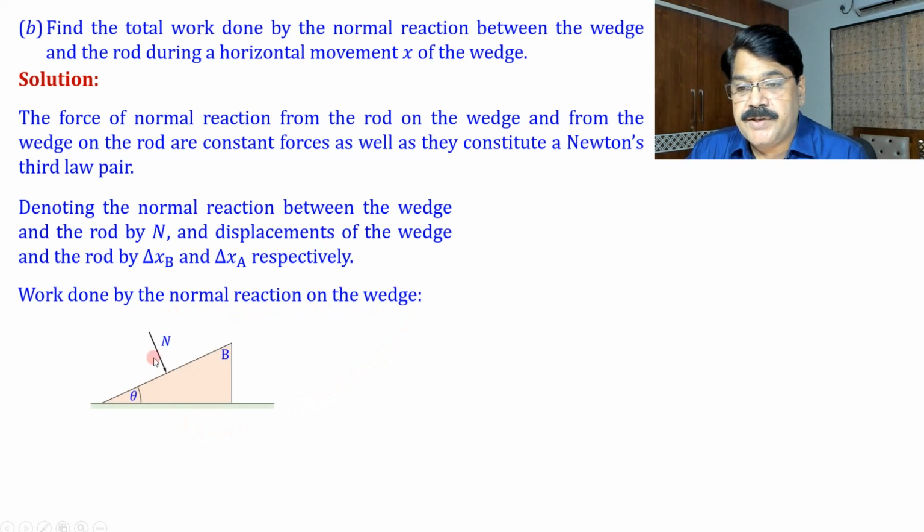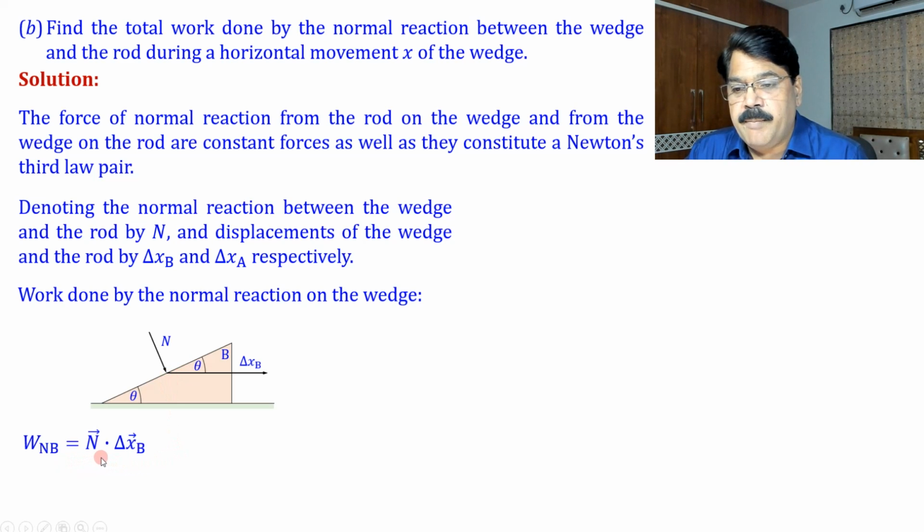Say this is the wedge, the normal reaction, and say the displacement delta xb. Now this angle will be theta. So the angle between the normal reaction and delta xb will be what? 90 minus theta.